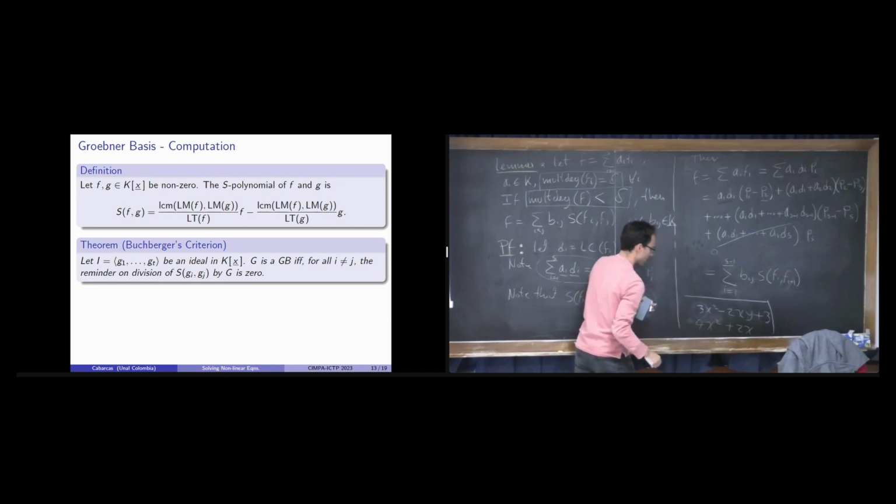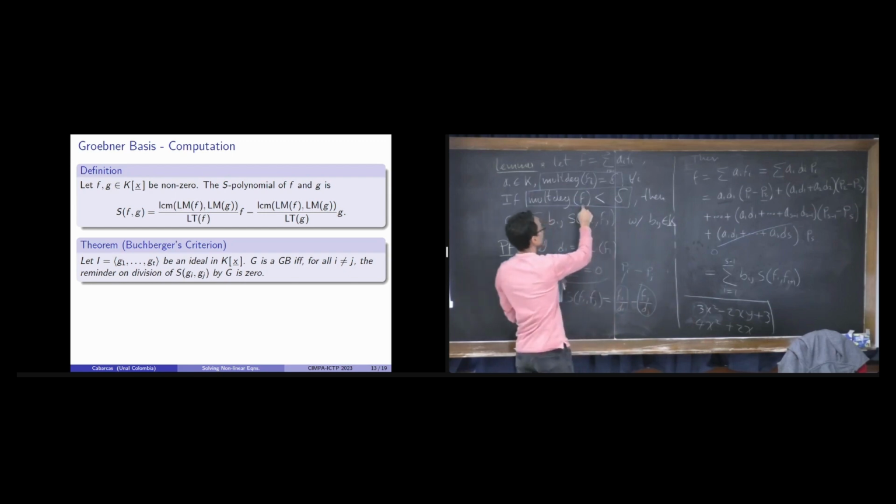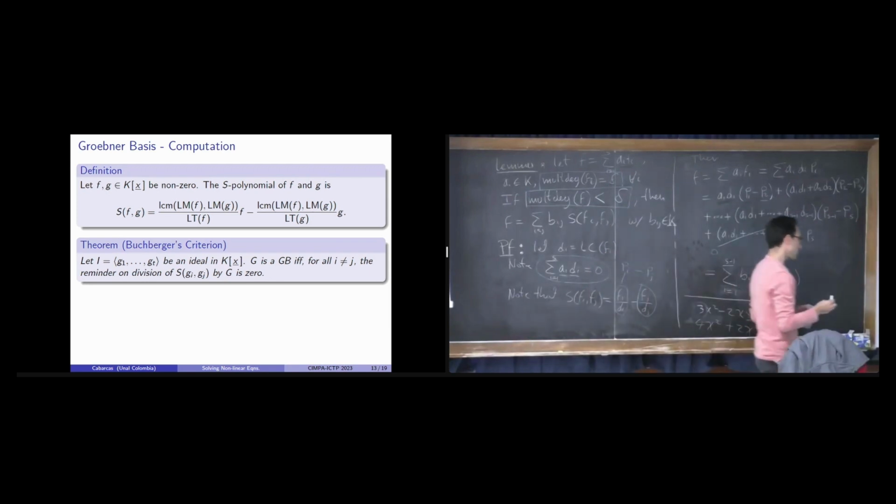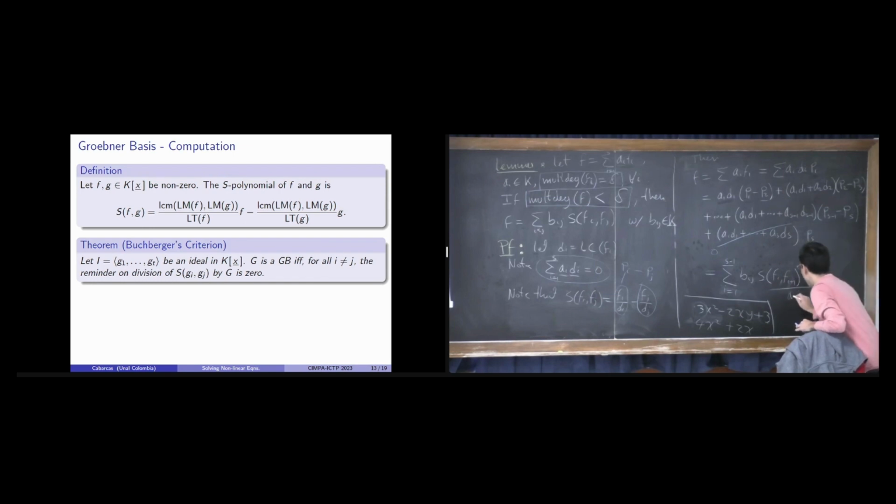And this condition here says that there's a combination of them that cancels the leading monomials. So we get something like A1 times the first one plus A2 times the second one equals to some f.